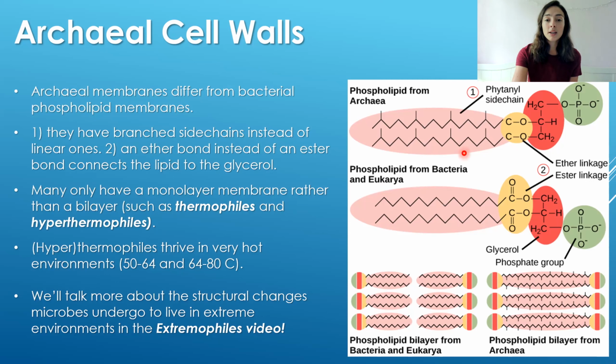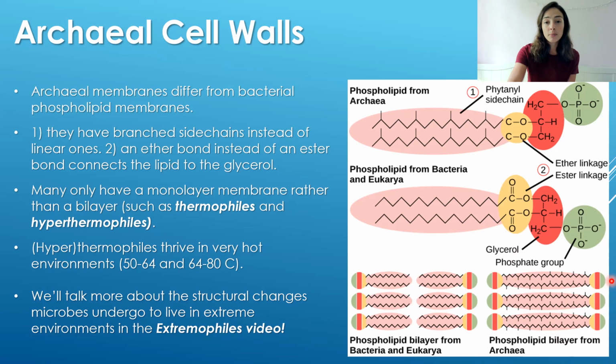And this lipid side chain can be branched, such as in archaea, or unbranched, such as in bacteria and eukaryotes. So the ether linkage and the branching of the side chain in the phospholipids of archaea is what's different than that of bacteria.